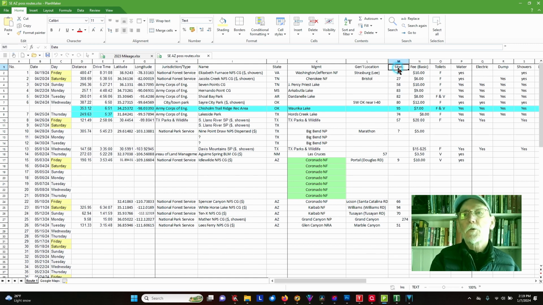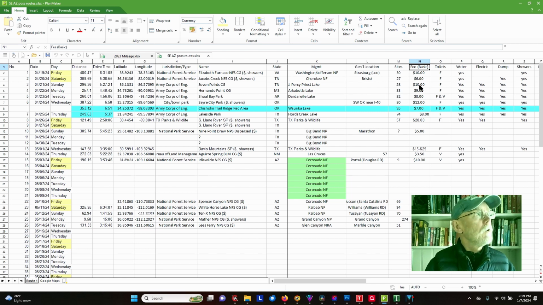Then next is the number of sites in the particular campground that we've got penciled in. That's helpful to know how likely we're going to be able to get a site there. The next is the fee, and usually if we are entitled to a discount, this is the fee after the discount.